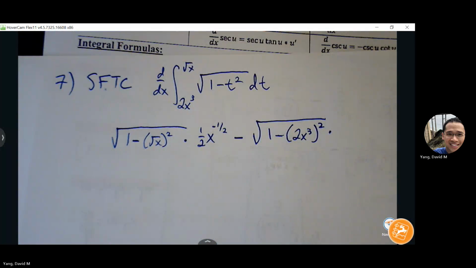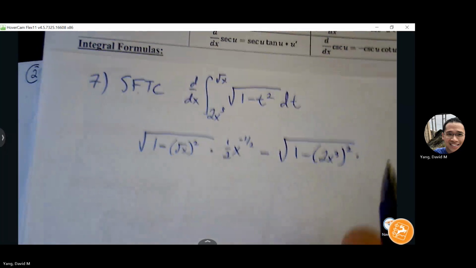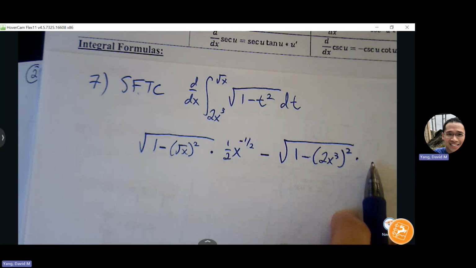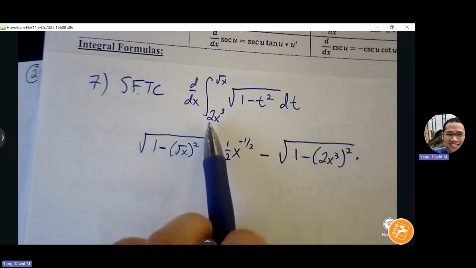Times, what's the lower bound's derivative?